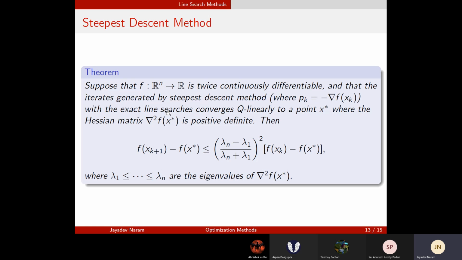Given these two, our iterates converge Q-linearly to a point x star where the Hessian matrix at that point is positive definite.